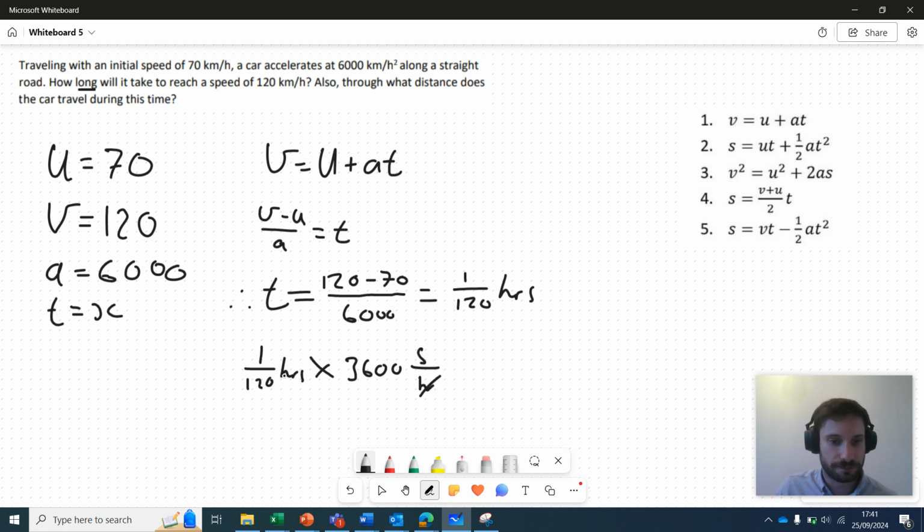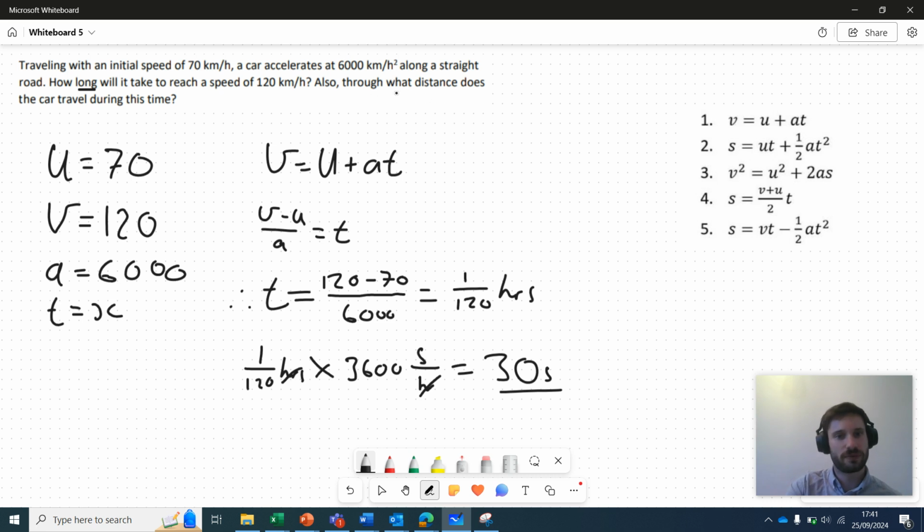Notice that the units cancel, right? The hours cancel there, and that gives me 30 seconds. So it takes 30 seconds to accelerate from 70 kilometers an hour to 120 kilometers an hour, which sounds about right. If you've ever driven a car before, or even rode in a car before, that feels about right.